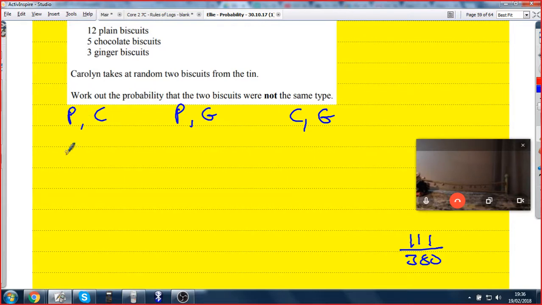What if you took a chocolate and a plain? They're not the same either, but it's a different thing. And so you could either do all 6 of these, which is more work, or you could just take your answer and double it, because it works either way. And if you do that, you get the same answer that you got, 222 over 380.